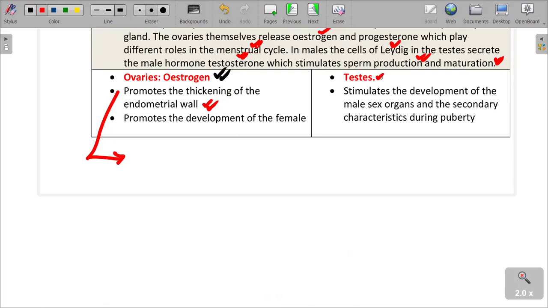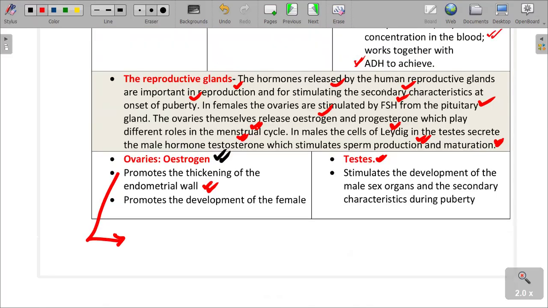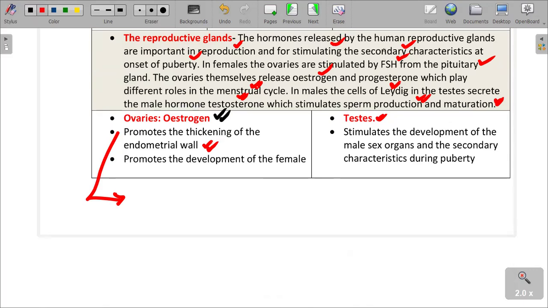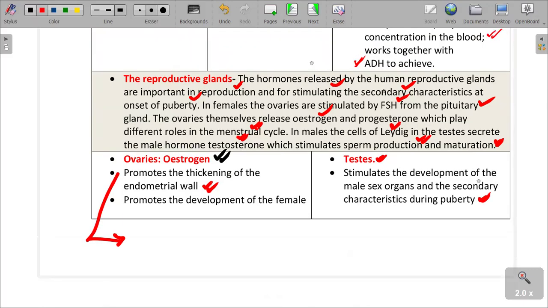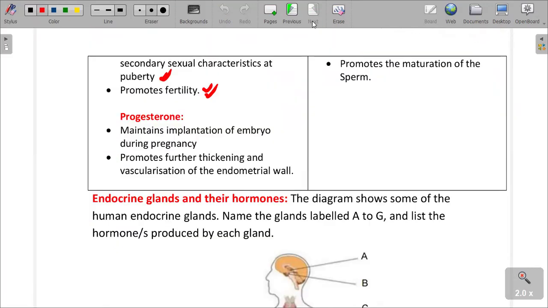Let's look at testes. In males, what is the testis? The testis stimulates the development of male sex organs and the secondary characteristics during puberty, such as broadening of the shoulders, deepening of the voice, armpit hair, wet dreams, and many other points that we can talk about.